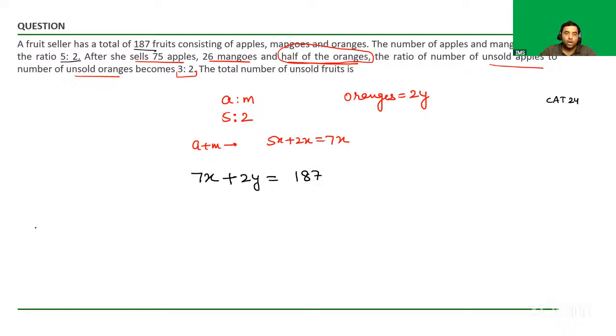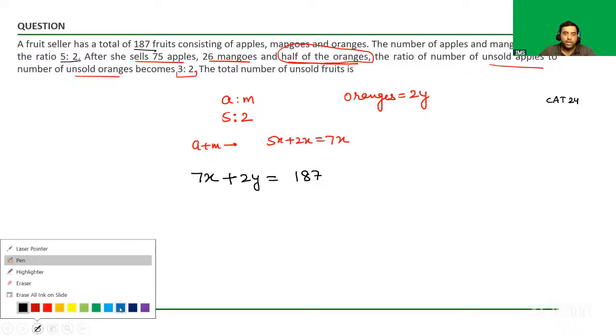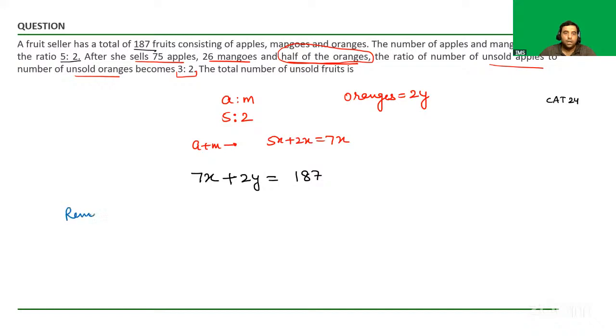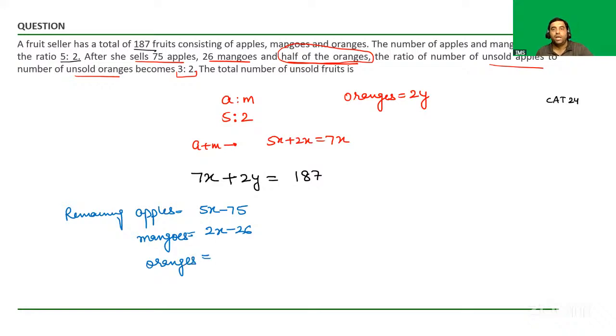So the remaining apples are 5x minus 75. The number of mangoes I'm left with is 2x minus 26. And for the oranges, I had initially 2y and half of them are sold, so I'm left with y.